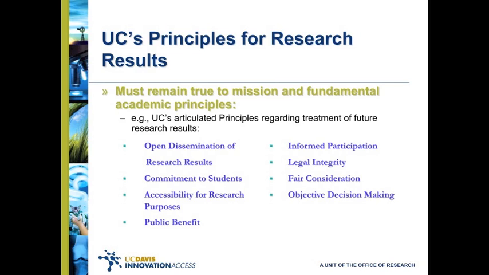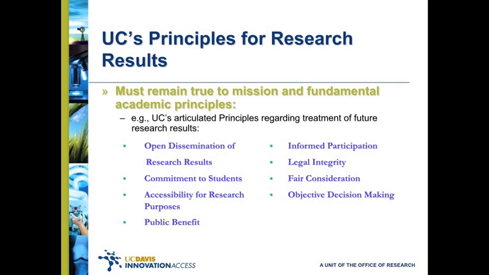Above all, we must have open dissemination of research results and a standing commitment to students to make sure that their experience and education at the institution are carefully preserved, and to have agreements that provide fair legal provisions for both parties.